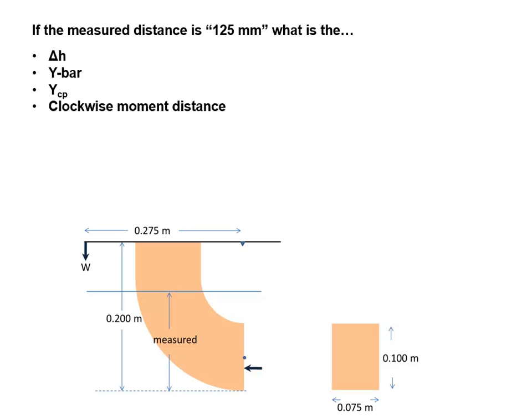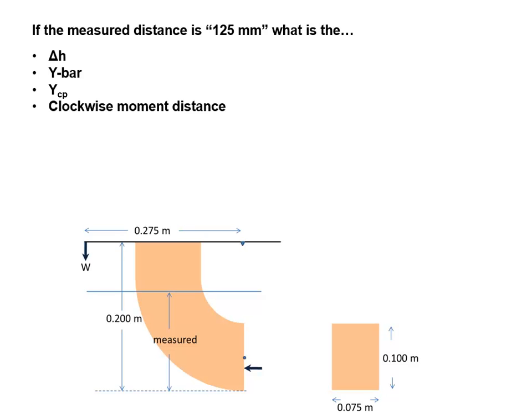Okay, so what is the delta H here? So delta H is depth to centroid. Okay, here's the centroid for a rectangle. Vertically speaking, it's just in the middle of it. And so the depth of the centroid will be the depth from the water surface to the edge of 0.025 meters, and then the 0.05 meters from the edge to the center of area.